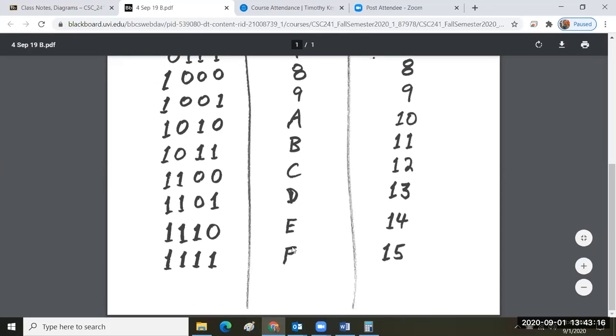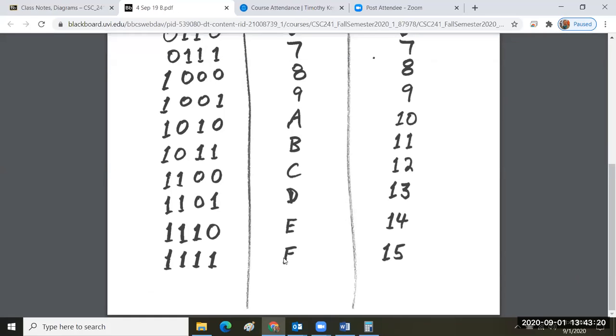Because if you have a few F's, you have a very large decimal number, and you have lots of ones in binary terms.